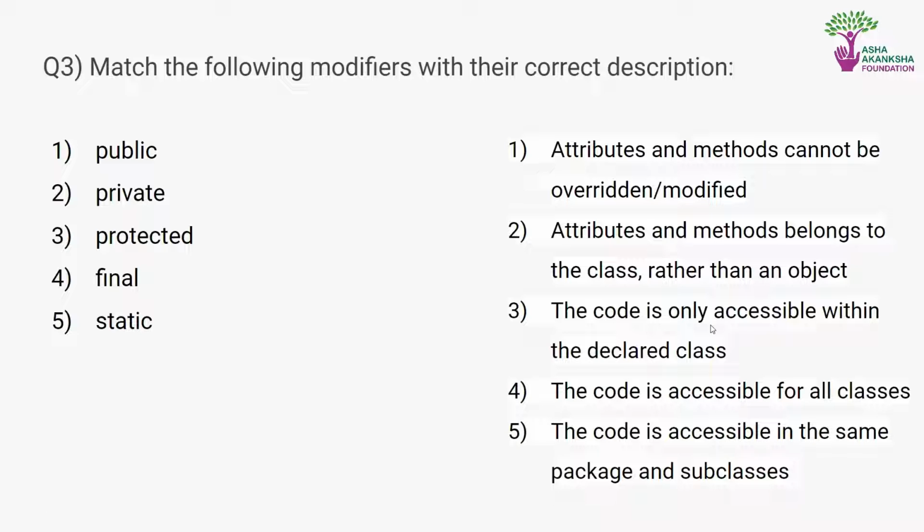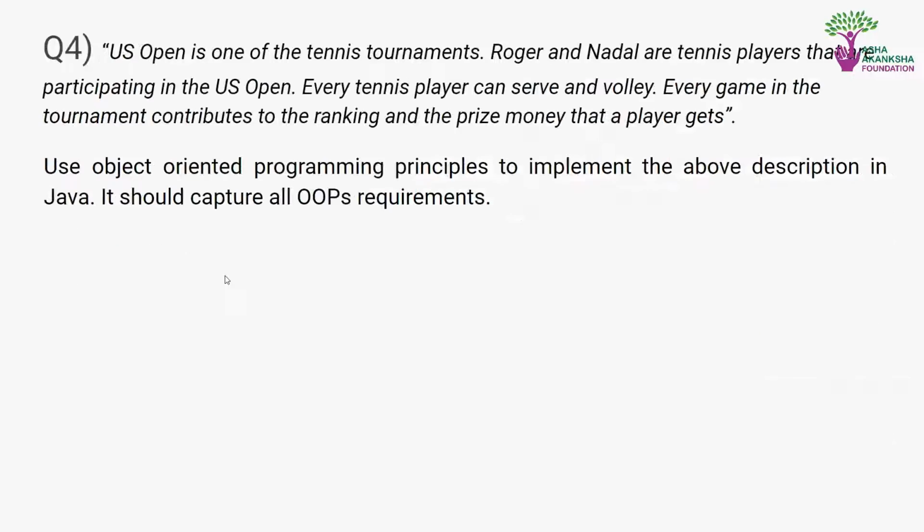The code is only accessible within the declared class: this is private. The code is accessible for all classes: this is number 1, which is public. And finally, the code is accessible in the same package and subclasses, which is protected. I'm going from right to left: 1 to 4, 2 to 5, 3 to 2, 4 to 1, and finally 5 to 3. So these were the matches.